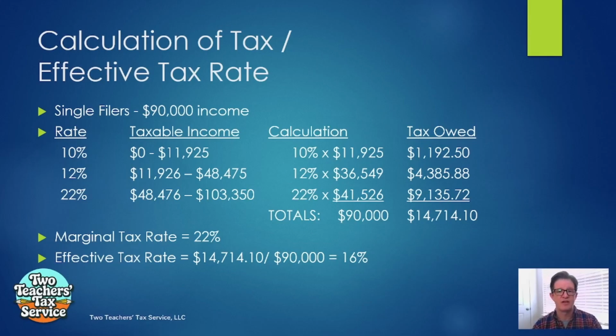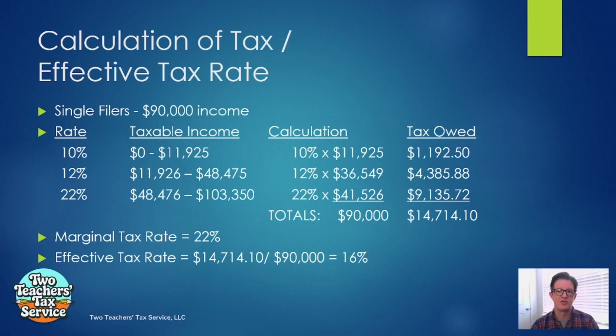For the 22% rate, this filer is taxed on any income between $48,476 and $103,350. Now remember, it's $90,000 income, so $41,526 of income is taxed at the 22% rate, and the tax owed there would be $9,135.72. The total income is $90,000.